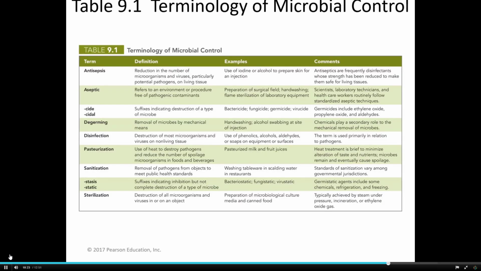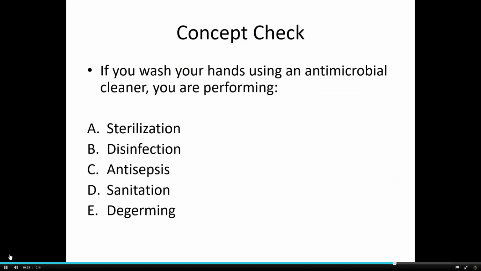And here is the obligatory everything you need to know in table format, at least when it comes to the terminology of microbial control. The key to this question is seeing the words antimicrobial cleaner. So that means like a hand sanitizer or a hand soap with an antibiotic in it.